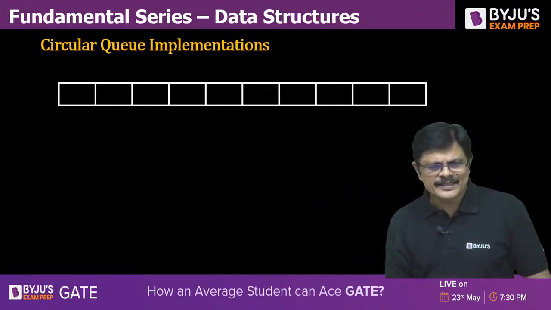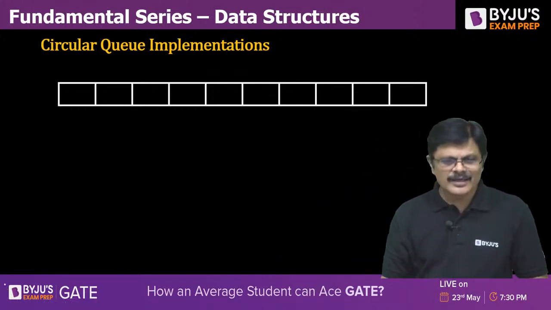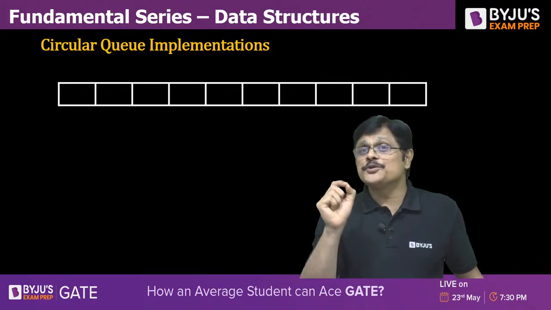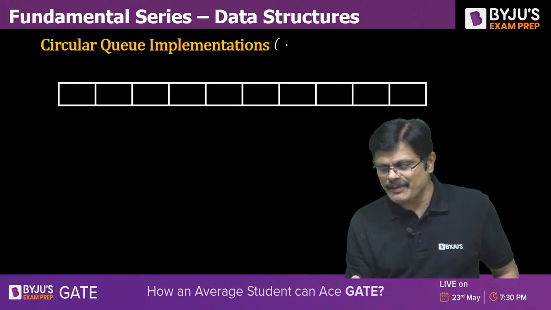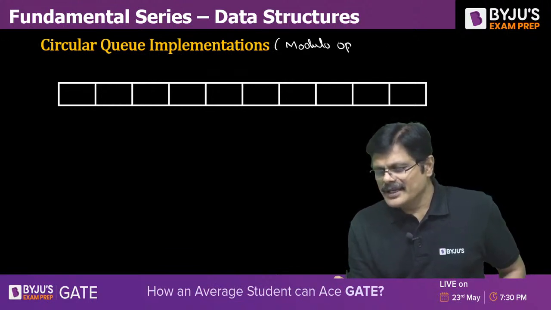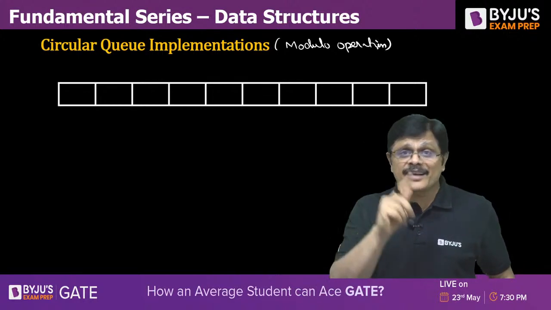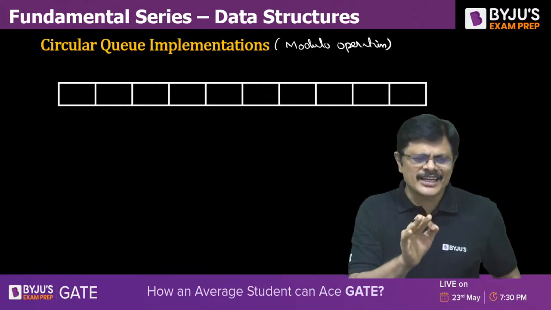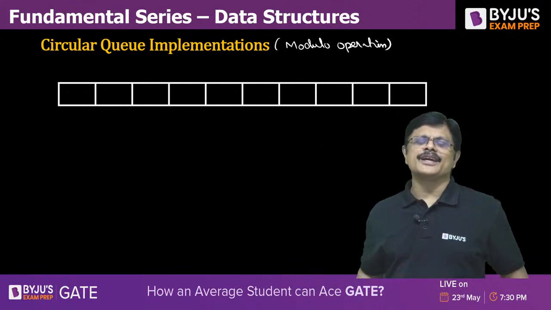So for this, okay, for this we are going to use modulo operation, please remember. See, remember, logically circular, physically linear only. Logically it is circular, but physically it is linear only.